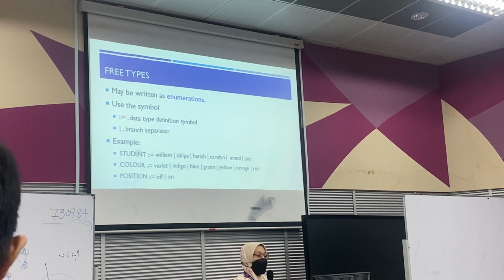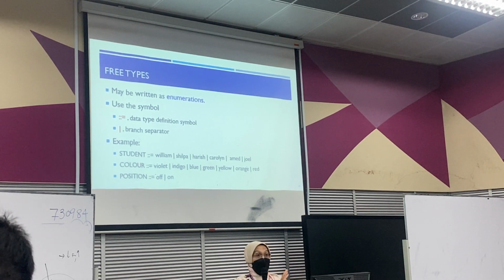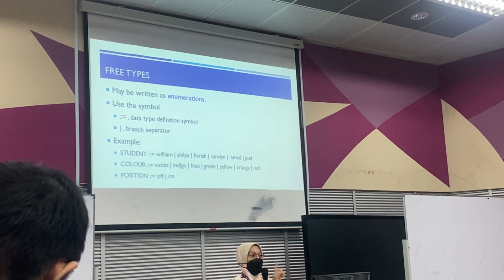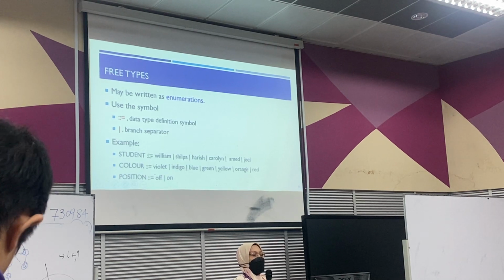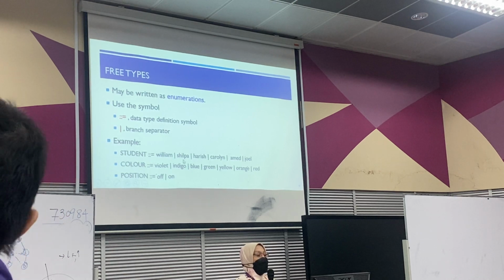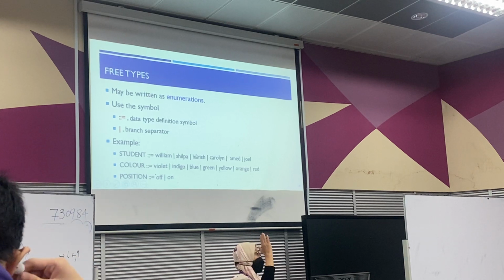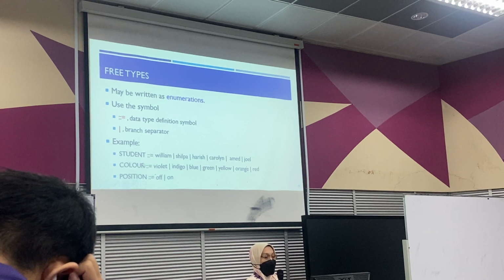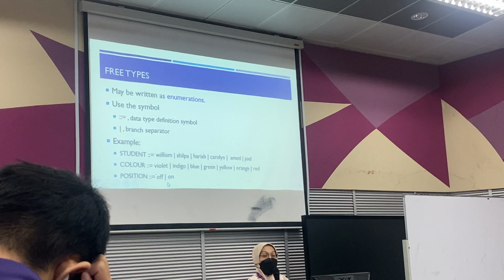I will suggest you write it similar to basic type just now, in capital letters, but without the square brackets. After that, these are your choices. You put colon equal, then you have choices separated by the branch separator, for example, off, on.